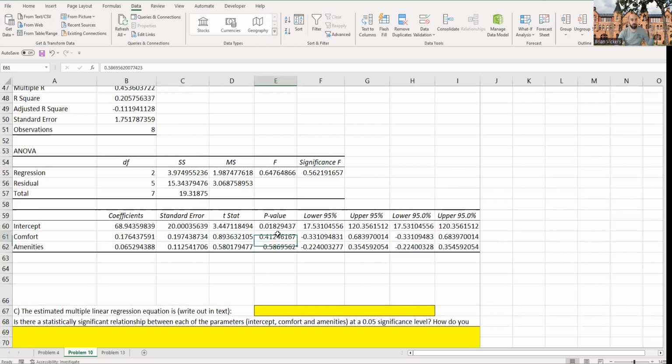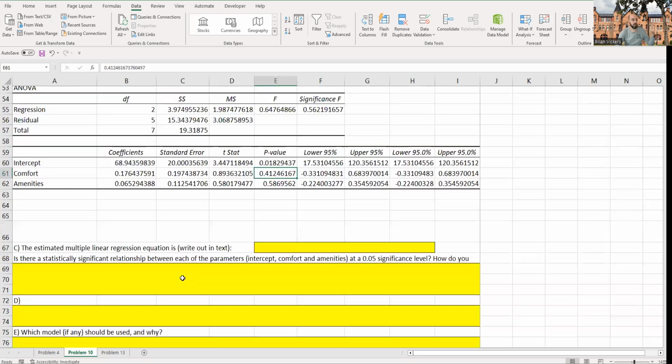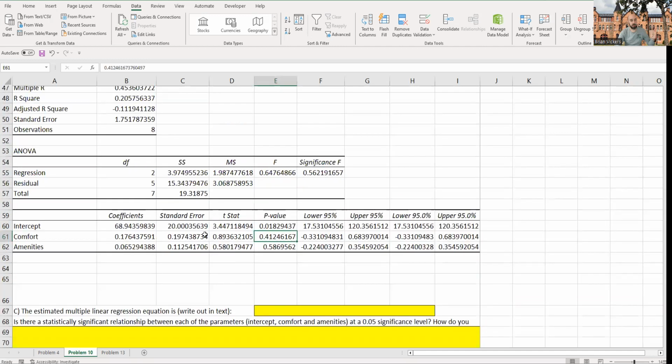So let's say that television was below 0.05, and I have not run the problem, so I don't know whether it is or not. You would say yes, comfort is at a p-value of 0.0 whatever, and therefore it's lower than 0.05. Amenities is also below 0.05, plus the significance F value for the model is less than 0.05 as well.